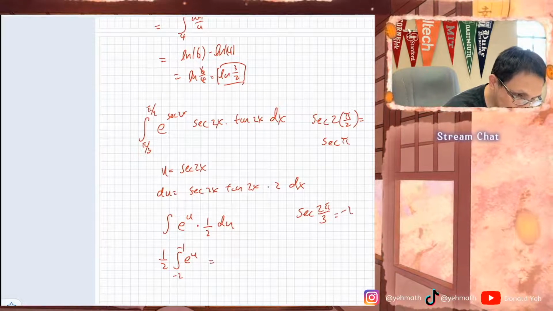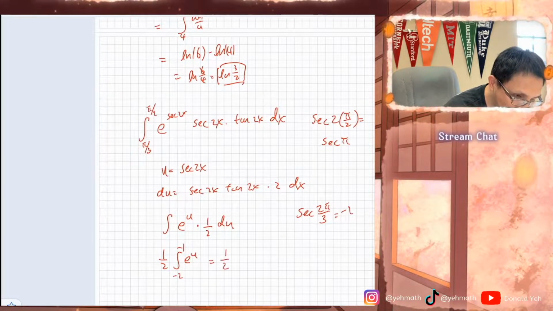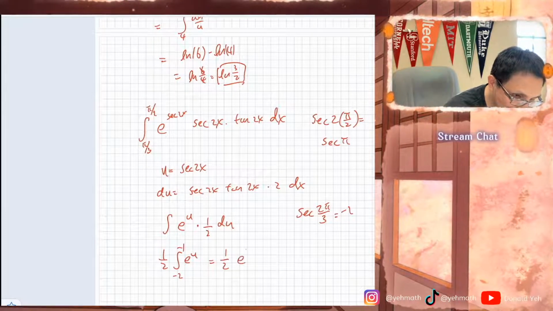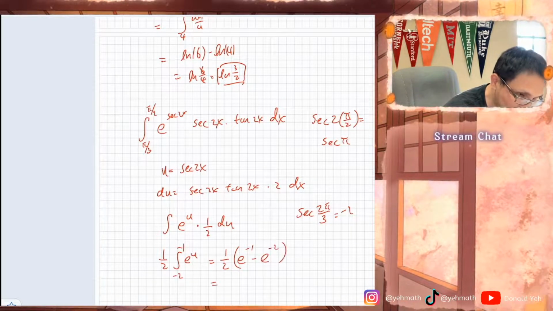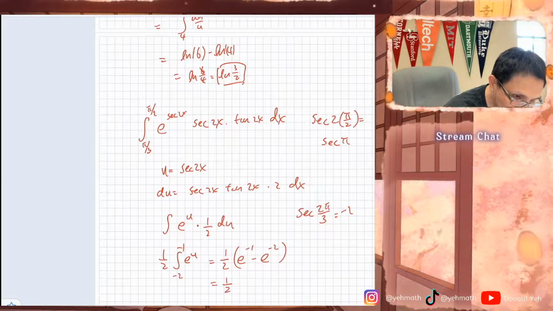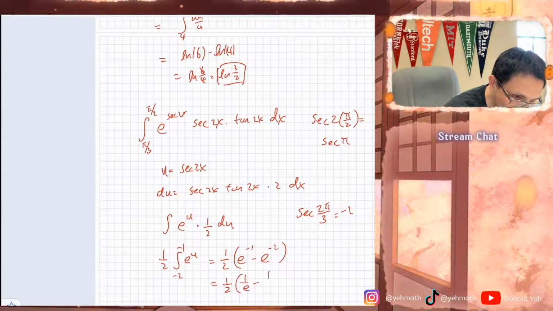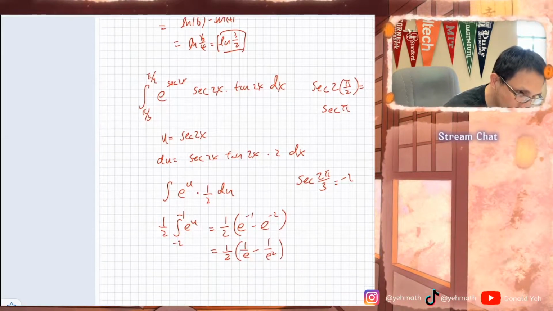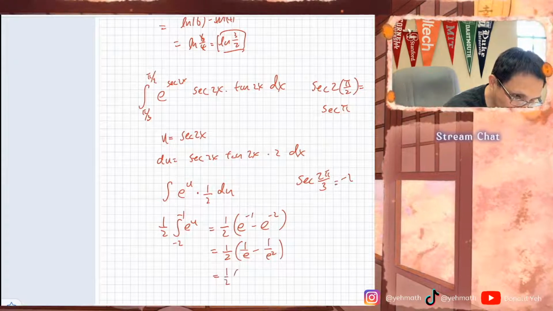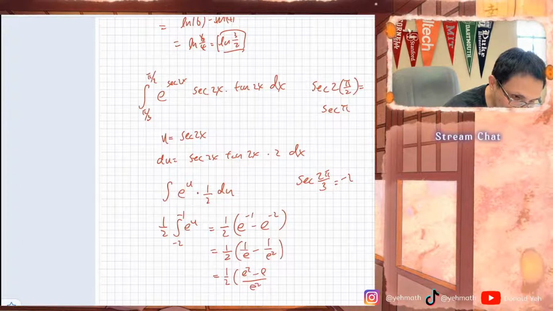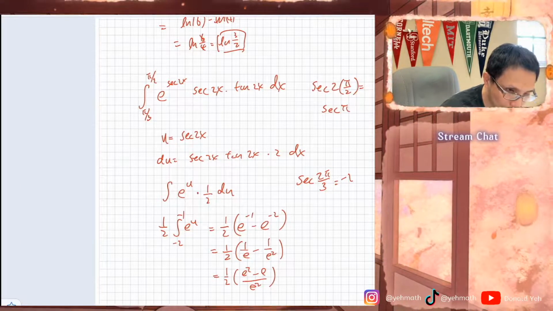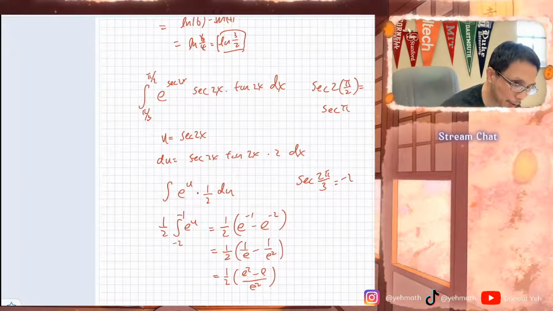And then it's going to be 1/2 times e to the -1 minus e to the -2. Now, if you want to be extra, you can simplify this: 1 over e minus 1 over e squared. And that's going to be 1/2 times (e minus 1) over e squared. And that's the final answer.